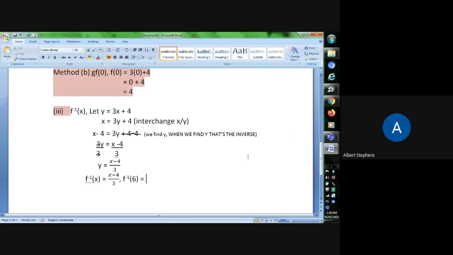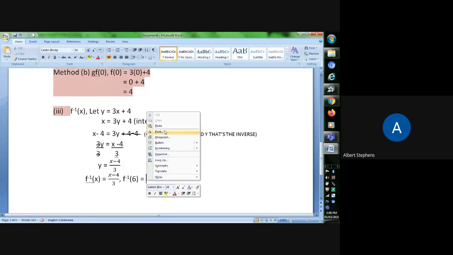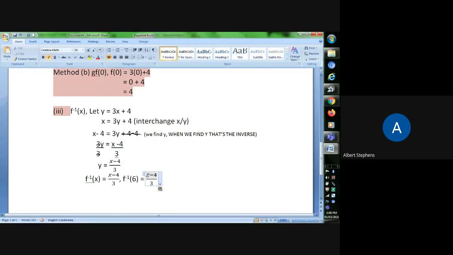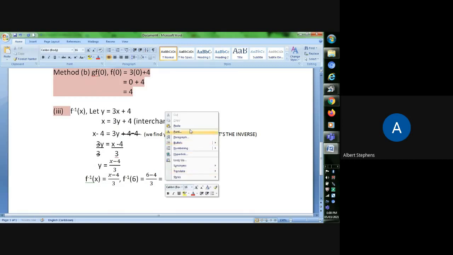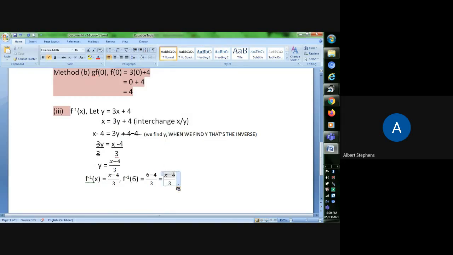So that's going to be 6 subtract 4, which is 2.